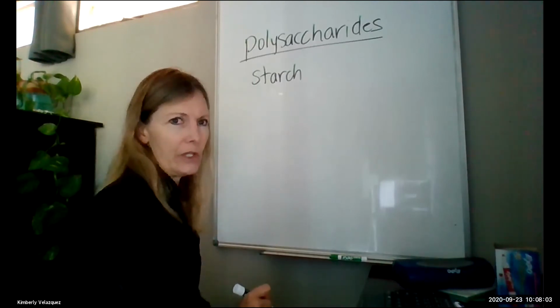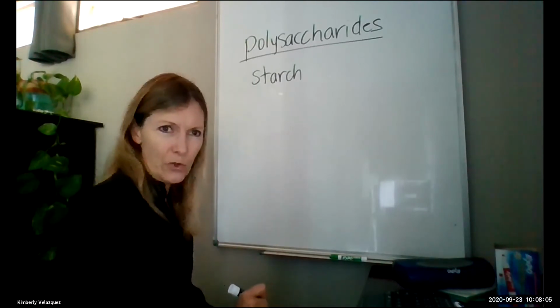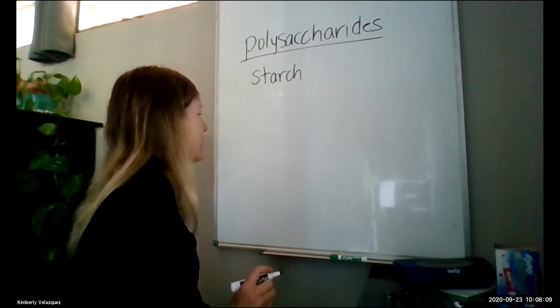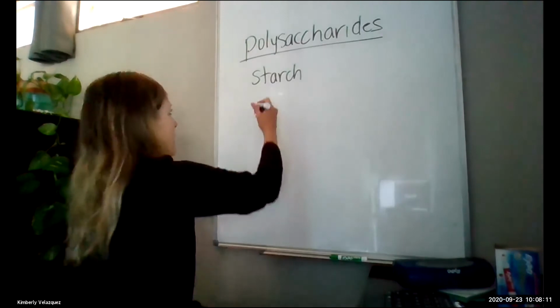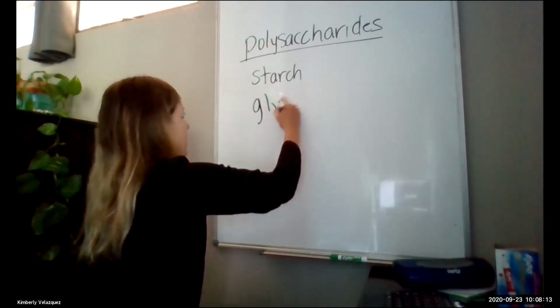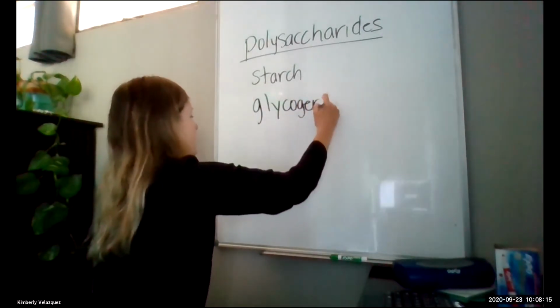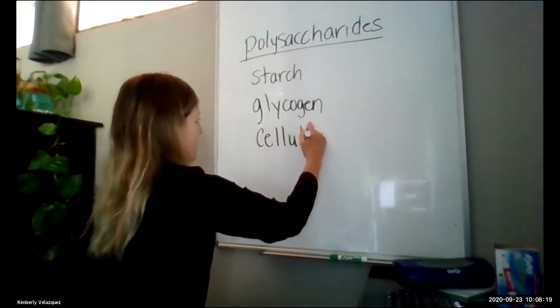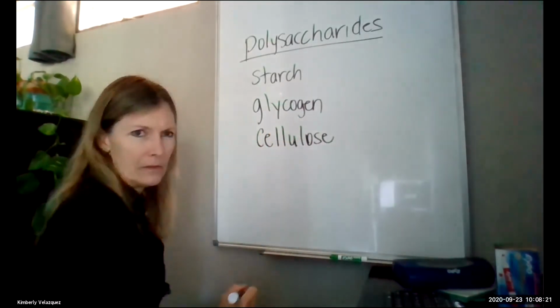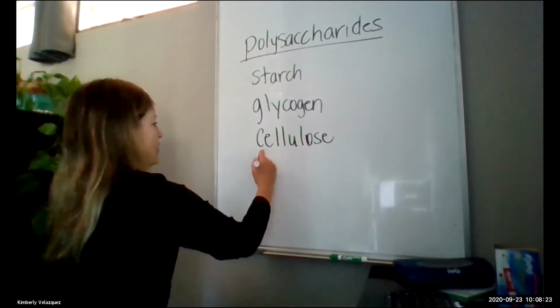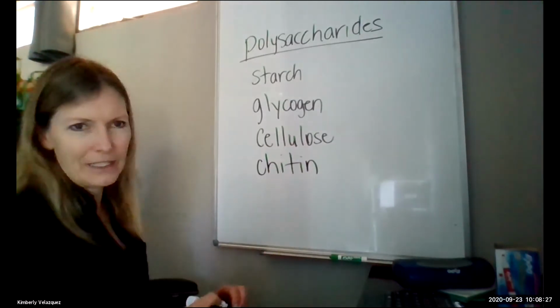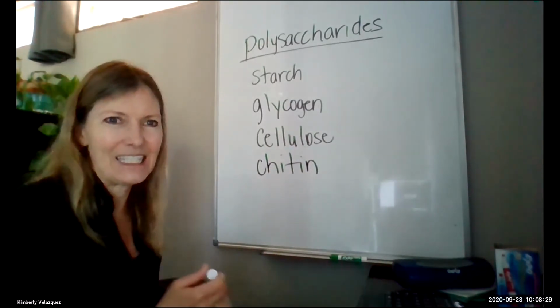Starch is a chain of glucose. We talk about 2 kinds of starch in the video, and I'll come back to starch and give you some more details. Glycogen, cellulose, and then a structural polysaccharide called chitin. It's spelled like chitin, but it's pronounced chitin.